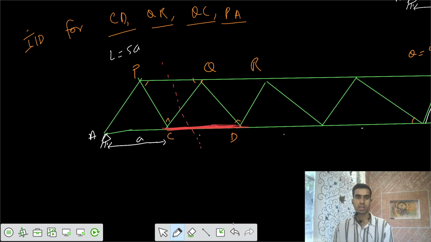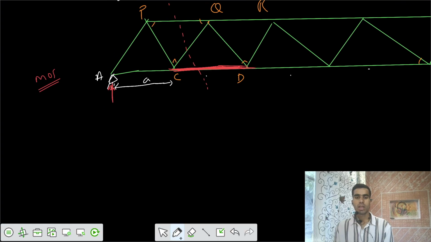Method of sections, MOS. There would be some reaction when the load is moving, a reaction A. Then I cut the section in this fashion. We have some forces here, and this is our unknown force F, the force in CD.